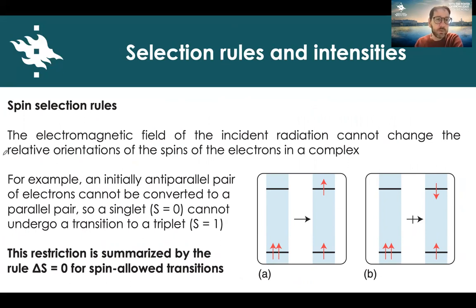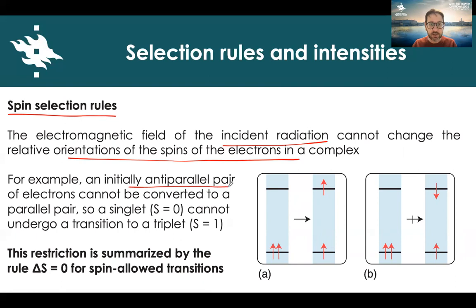Okay, so let's see now the d-d transitions and why they are weaker relative to charge transfer bands. The first selection rule is the spin selection rule, which indicates that the electromagnetic field of the incoming radiation cannot change the relative orientations of the spins of the electrons in a complex. For example, an initially anti-parallel pair of electrons cannot be converted to a parallel pair. So a singlet cannot undergo a transition to a triplet.